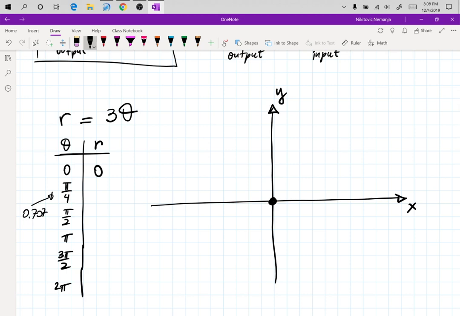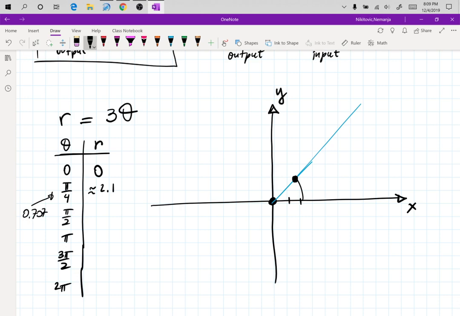And you multiply that by 3, and you will get roughly 2.1. So now, at pi over 4, you will go 2.1 and swing, and you have your second point.